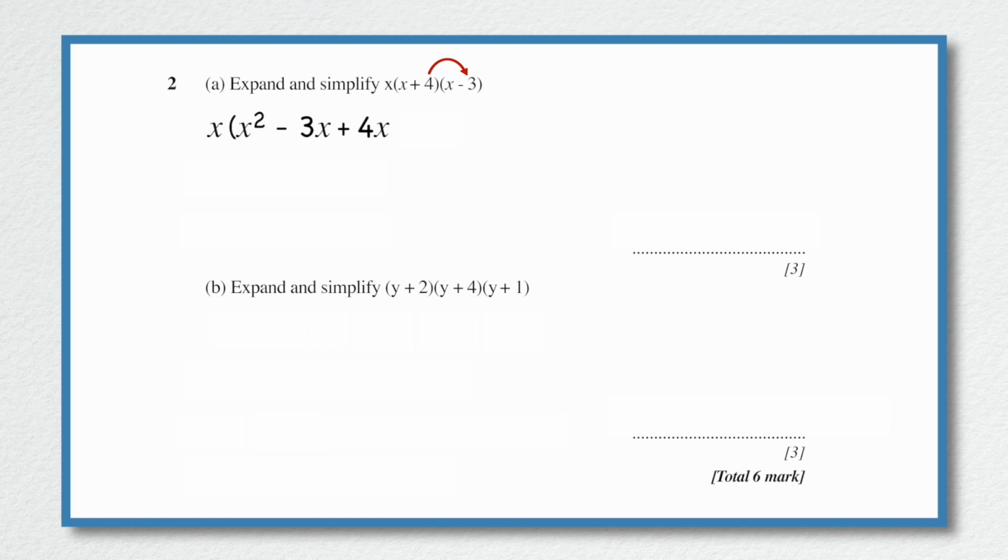And then we have 4 multiplied by minus 3, which is minus 12. And then we close the brackets. This will give you 1 mark to show that you have started on the correct path. But there are 2 more marks on offer, and we haven't finished answering the question.